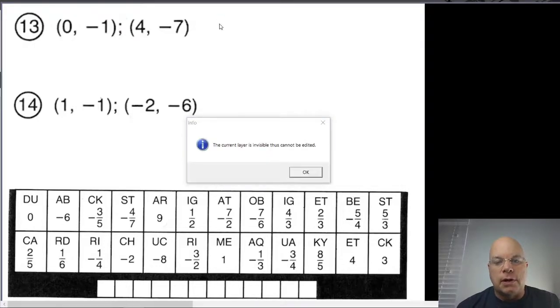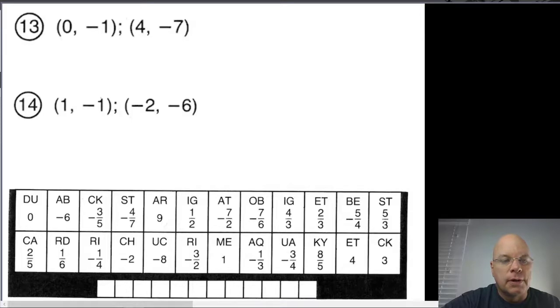You just need to continue to calculate the ratio, the rise over the run, the delta y over the delta x, and delta y is just the difference in the y values, y2 minus y1. The difference in the x values, x2 minus x1.